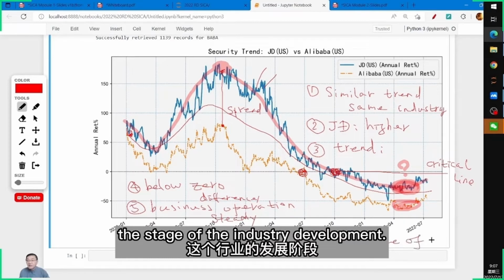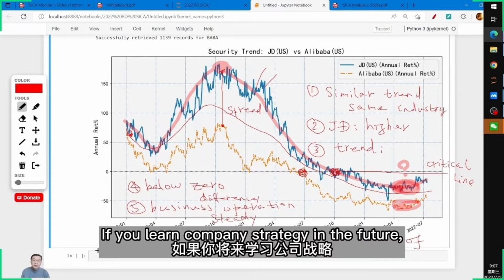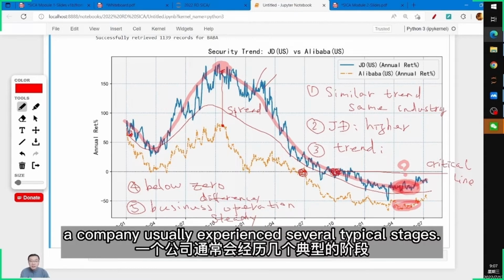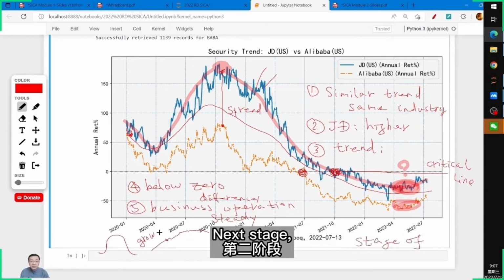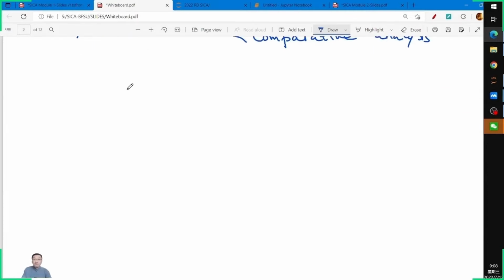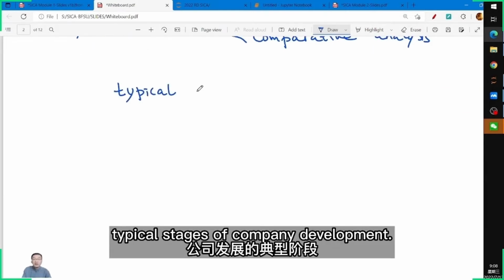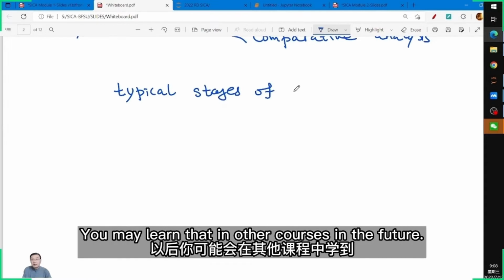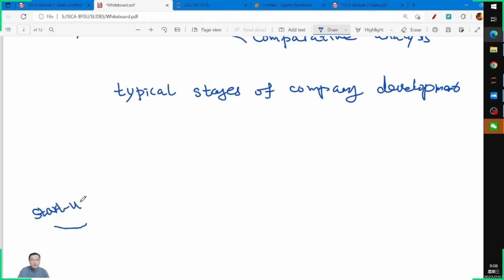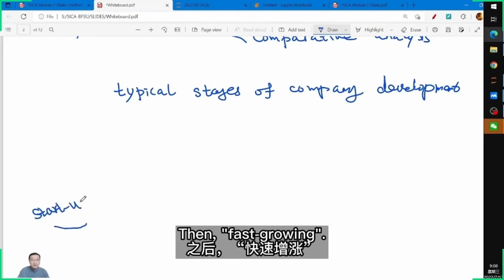If you learn company strategy in the future, in similar courses, you can find out a company usually experiences several typical stages. First stage, grow up. Next stage, fast grow up. These are the typical stages of company development. You may learn that in other courses in the future. Okay, we call it start up. Then fast growing.